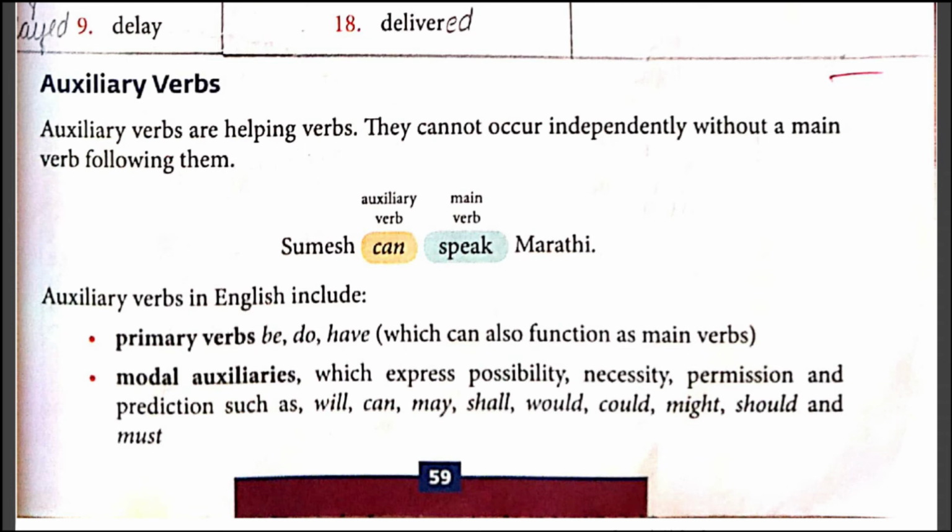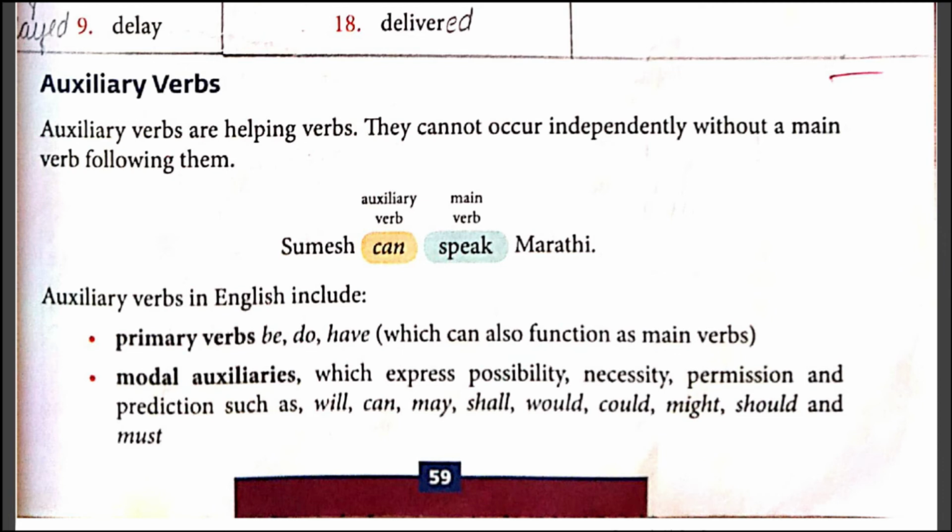Next we have modal auxiliaries. Modal auxiliaries are helping verbs which express possibility, necessity, permission, and prediction, that is, to guess about something, such as will, can, may, shall, would, could, might, should, and must.